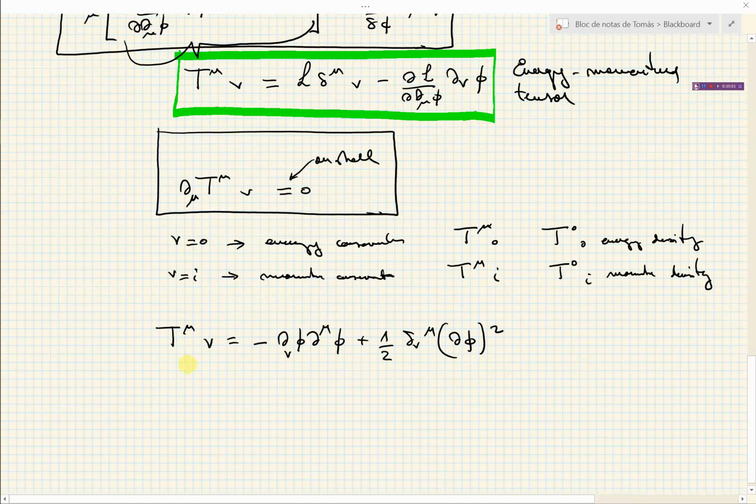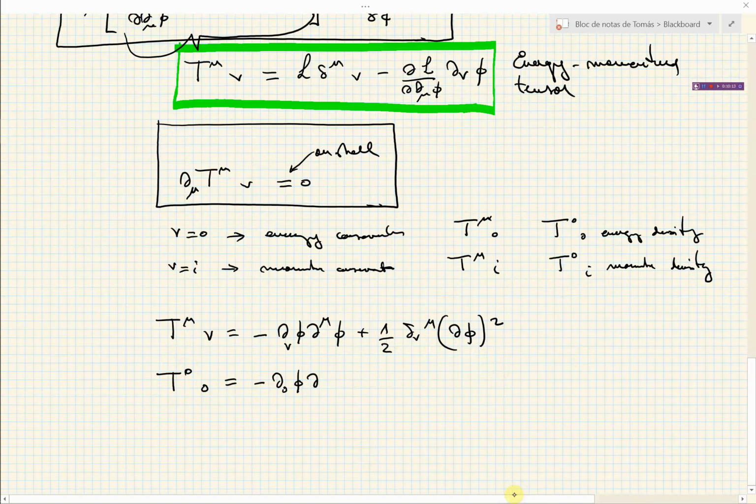Okay, so if I compute T00, I have minus partial 0 phi partial 0 phi plus a half of partial 0 phi partial 0 phi plus partial I phi partial I phi.